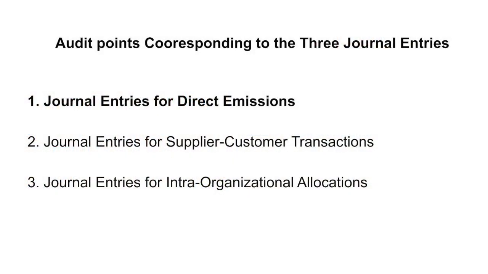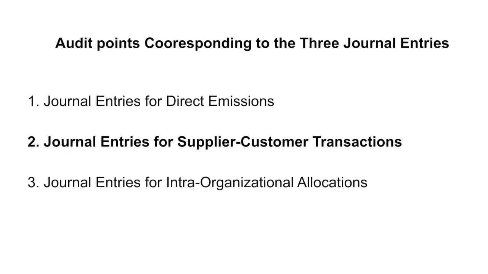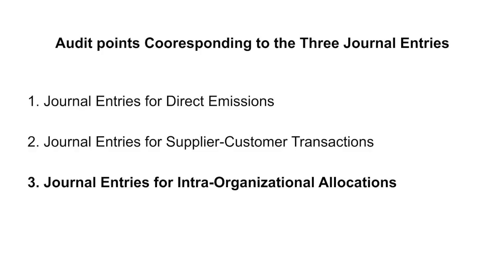You audit where the emissions occur. And in fact, you're auditing all the emissions that are sending emissions into the atmosphere. And subsequently, you just have to audit the transactions between suppliers and customers, and also that intra-company allocation of purchased and direct emissions to the output products. So those are the three journal entries. Those are the entries that need to be audited, and the auditing profession will need to engage to see how to do that efficiently.